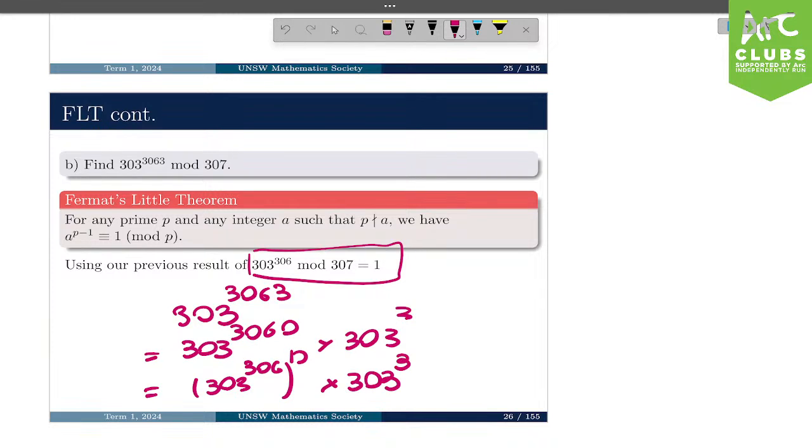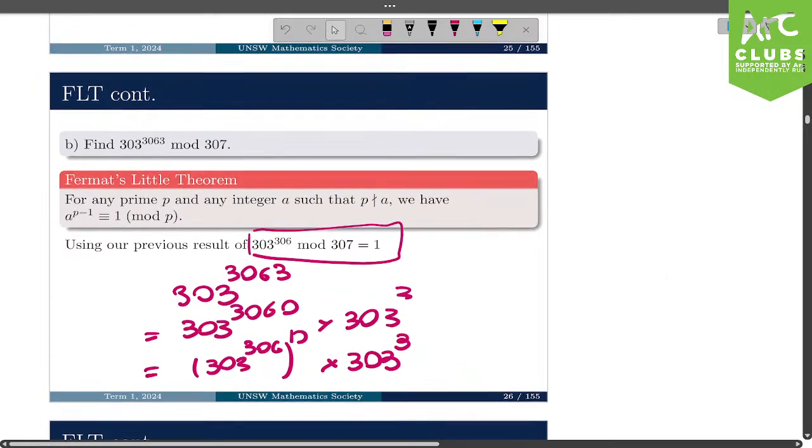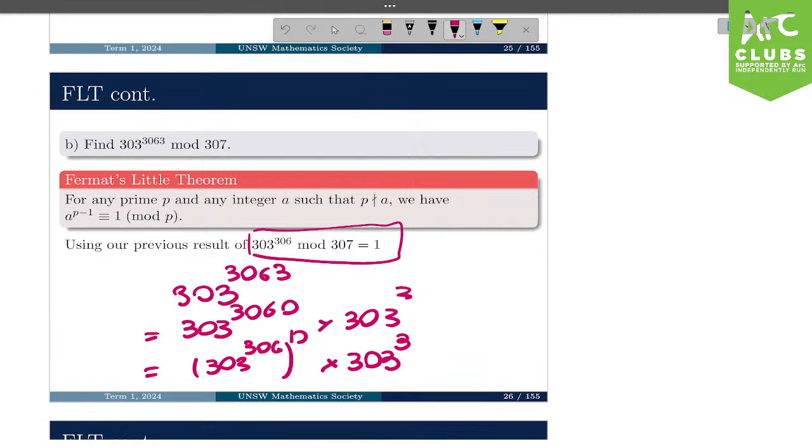Oh, it's a bit laggy. So you can kind of see that from Fermat's law theorem, this is congruent to 1 mod 307.